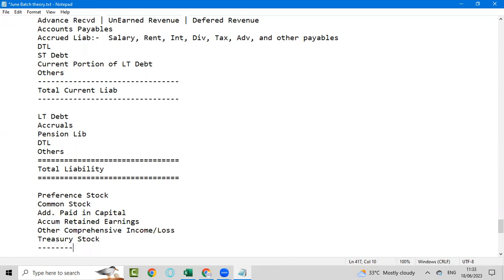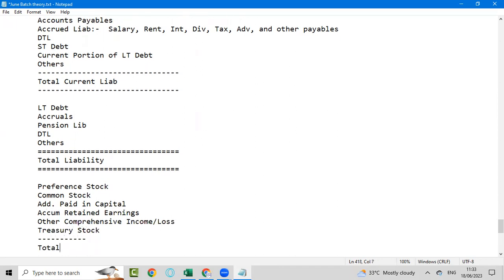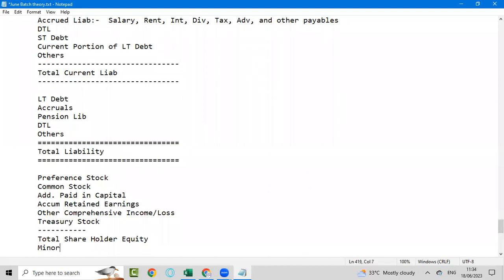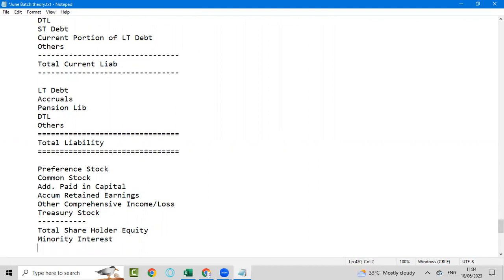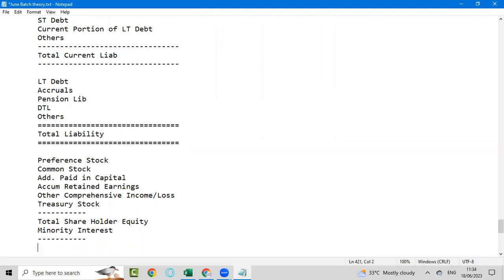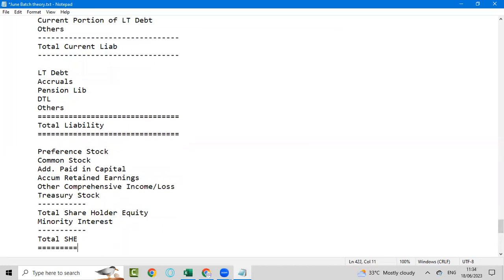This will give you total shareholder equity. You will add minority interest. You will get total shareholder equity.